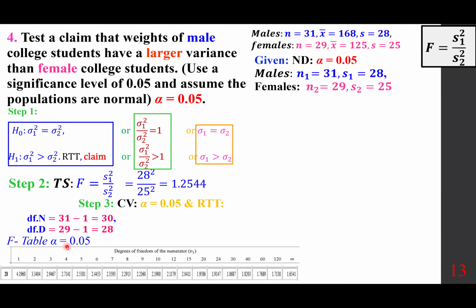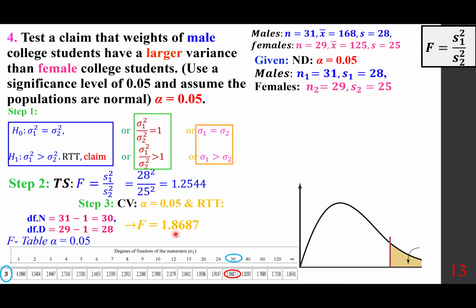And at top here, we look for number 30 and the column 28, and the intersection gives us the result for the critical value. F is 1.8687. So having said that, we do the drawing. So the critical value and alpha of 0.05.